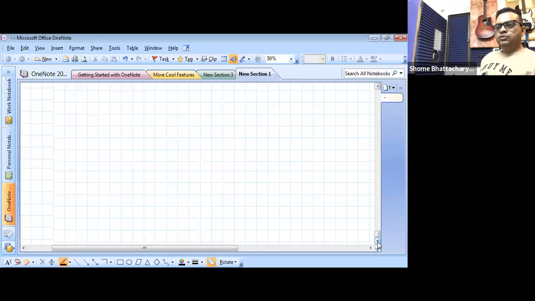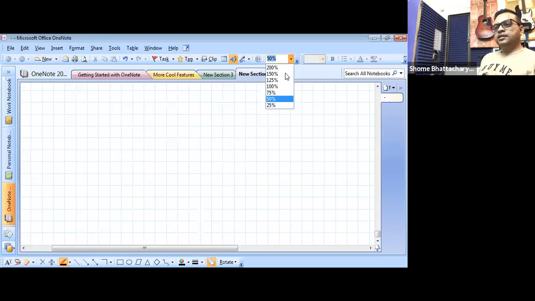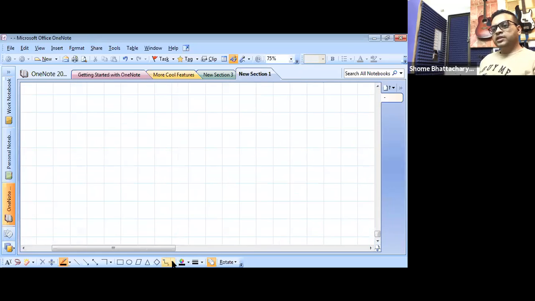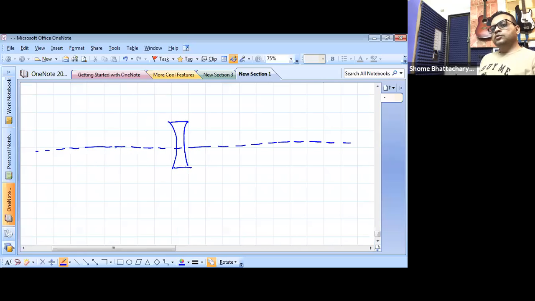Okay, so let me demonstrate one of the three cases with a diagram to understand this in perspective. So let's take the third case. This was the virtual focal point, which was at 60 centimeters behind.